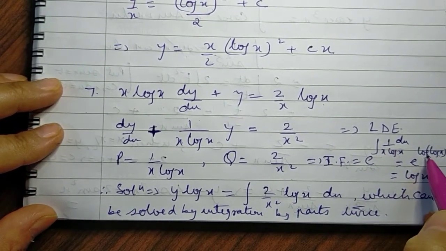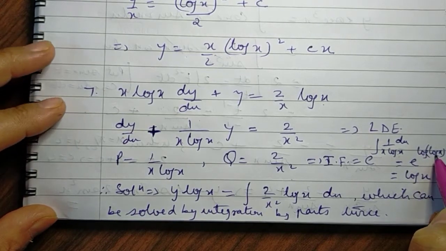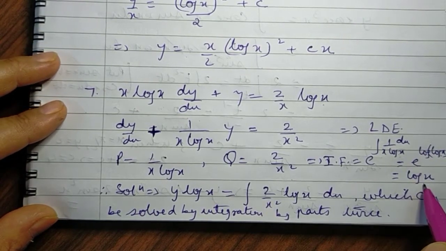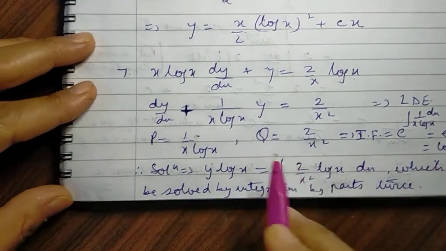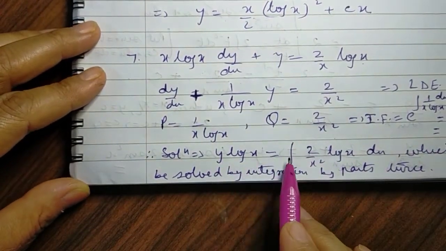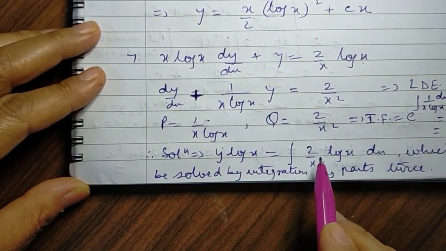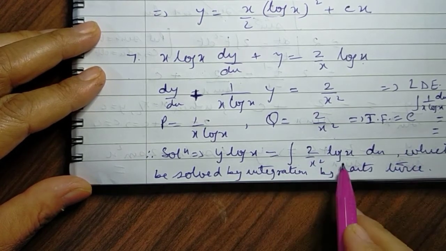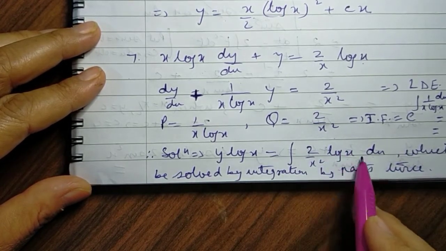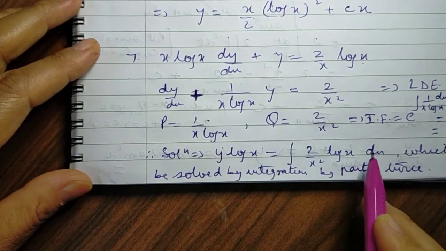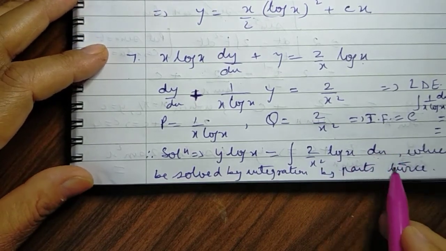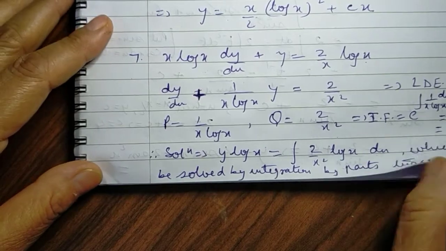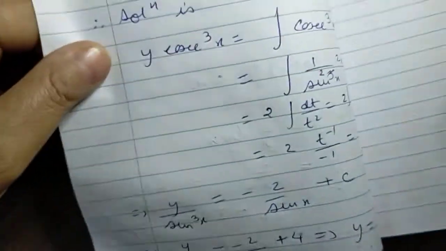So we get e raised power log of log x, which balances out, and we get back log x. Solving, we get y into log x is equal to integral of 2 upon x squared log x dx, which can be easily solved by integration by parts twice. You apply it twice, you will be in a position to get the required answer.